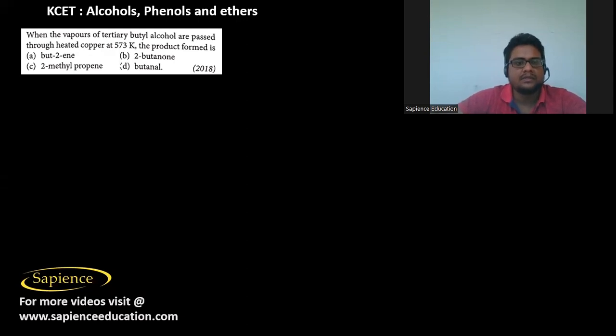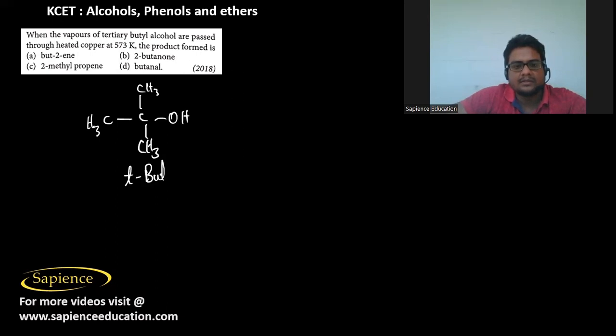Then it is told that when the vapors of tertiary butyl alcohol are passed through heated copper, this is tertiary butyl alcohol, so its vapors are passed through heated copper at 573 Kelvin.